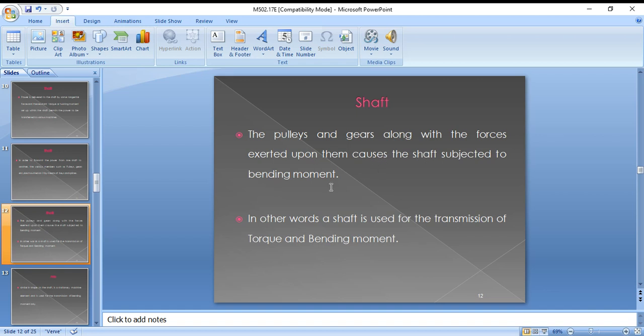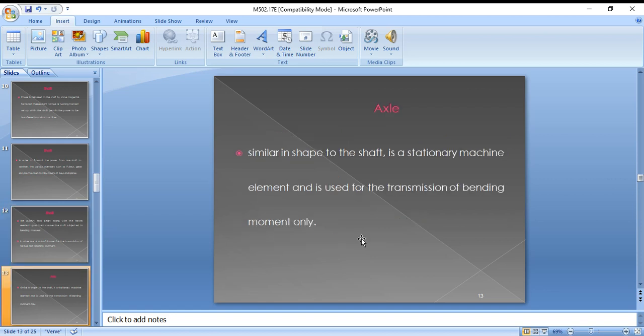So if the shaft carries gears and pulleys, it has a bending moment; otherwise, it has only torque. If it has both, it has torque and bending moment. An axle doesn't rotate, so it has only bending moment. There is no transmission of power, which is why it has only bending moment.